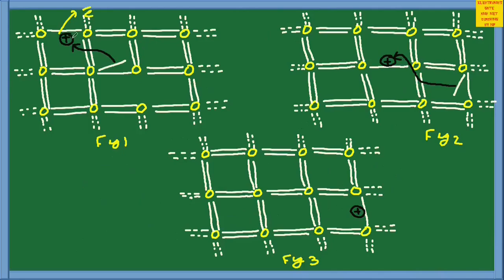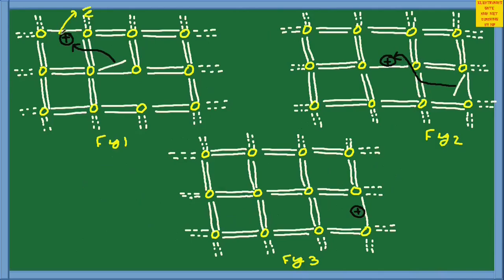And when we apply sufficient energy, this force of attraction will be greater than the bonding force and the bonds may break and electrons from those bonds will move to the place of the positive ion. So here we can see due to that force of attraction, this bond will break and the electron from here will move to this place.